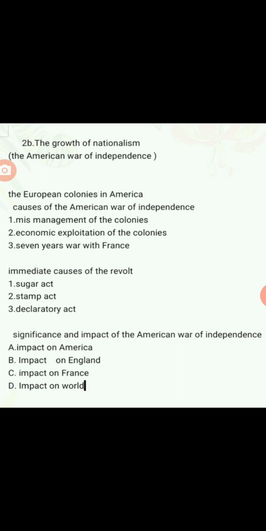Columbus discovered America in 1492 AD, and afterwards, following Columbus, other European countries also established their colonies in America.